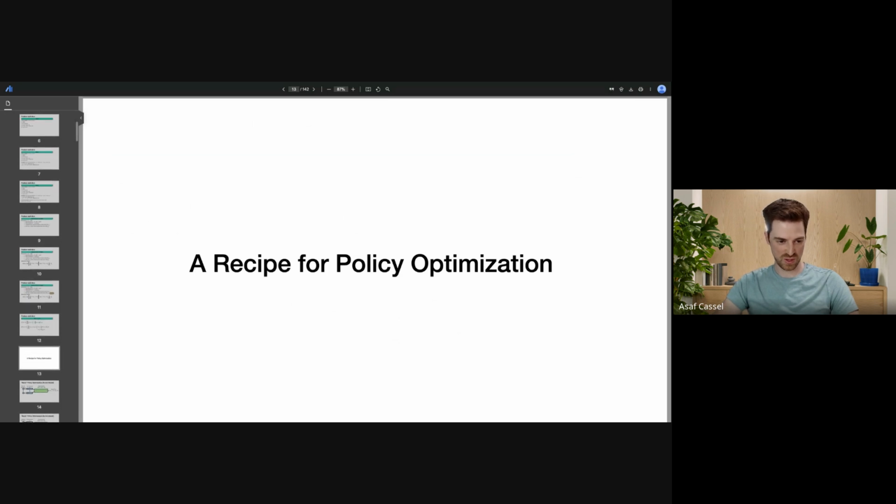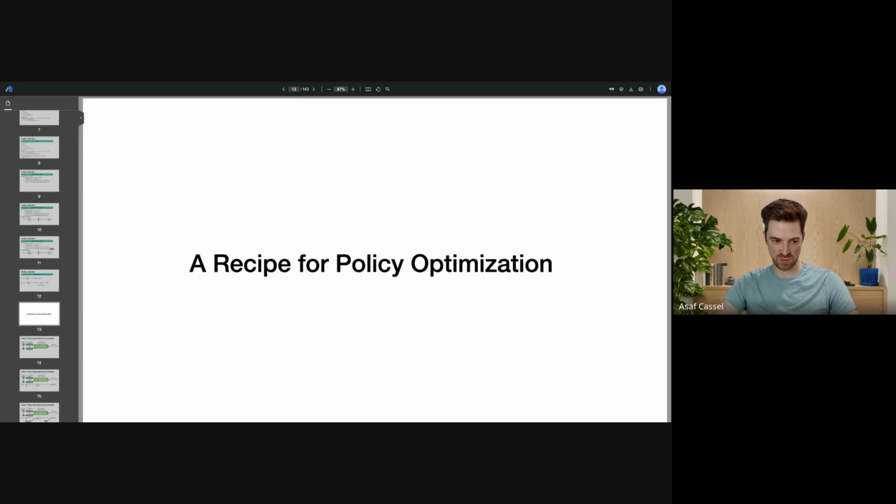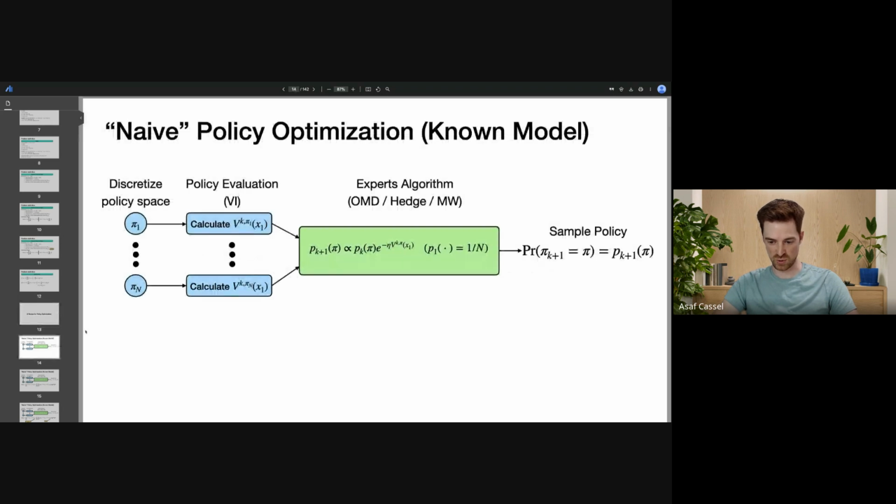All right. So finally, we can dive a little bit more into what we actually want to talk about, which is how to do policy optimization for MDPs in general, and eventually, of course, for linear MDPs in particular. The naive approach, if somebody is not familiar with policy optimization, is a bandit approach.